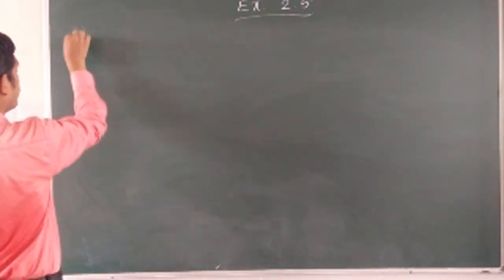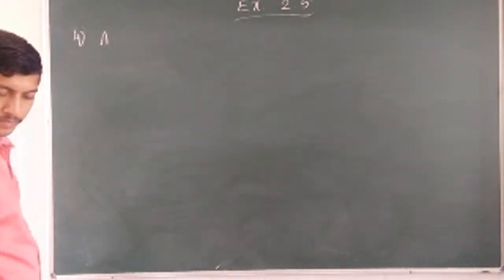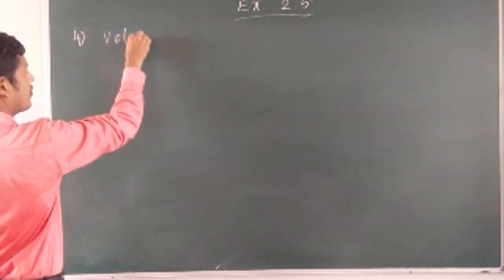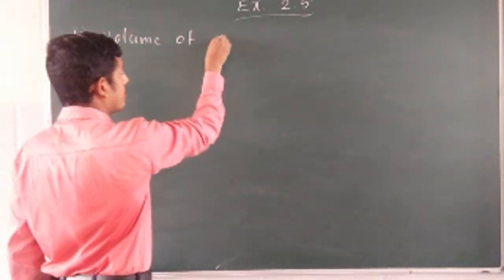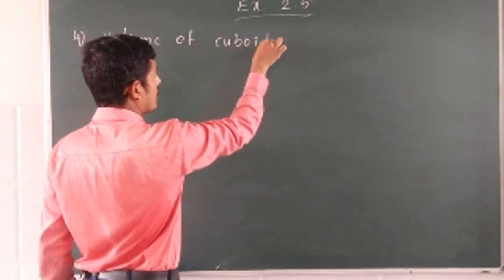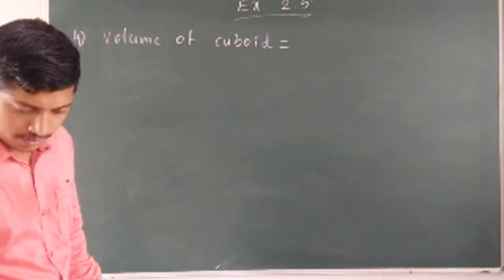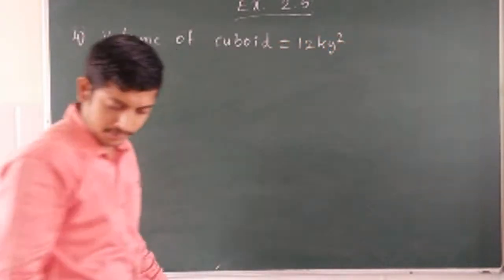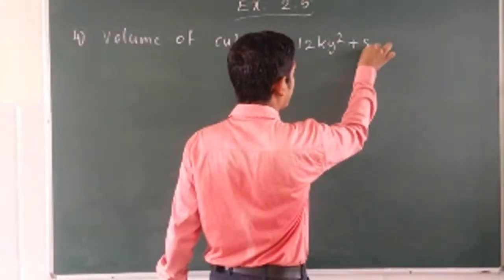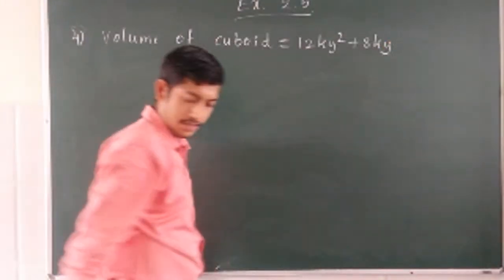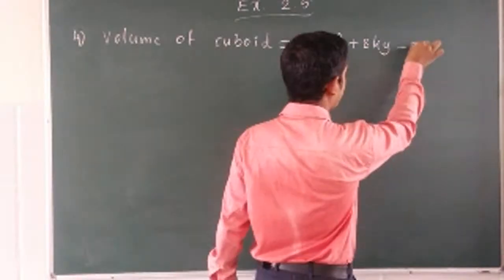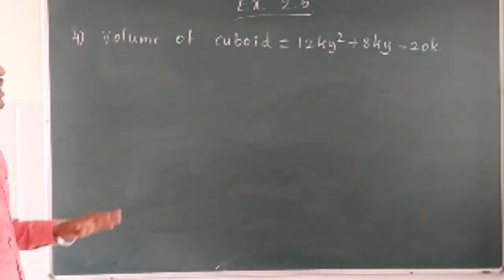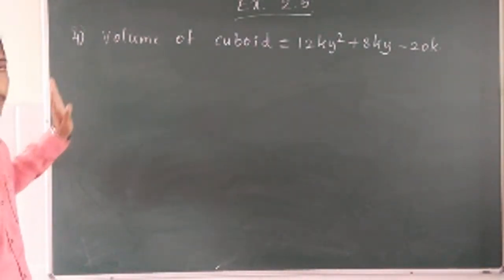The fourth one. Volume of the cuboid, that is equal to 12ky square plus 8ky minus 20. So this is the form. Now I will write the formula of the volume of the cuboid.